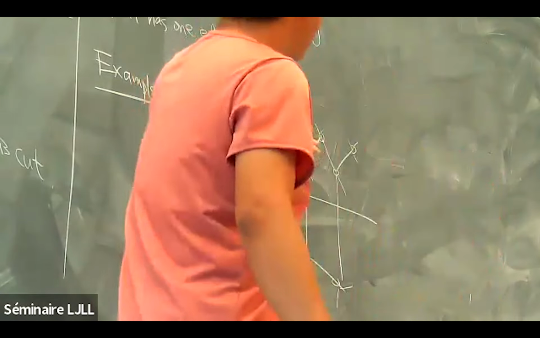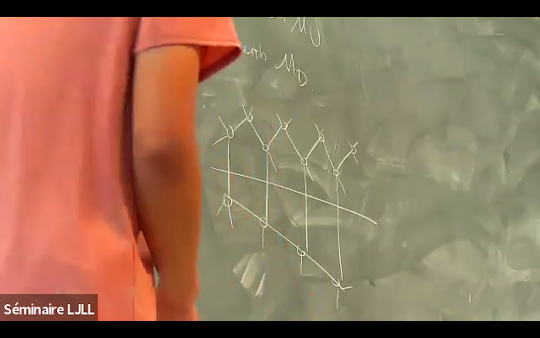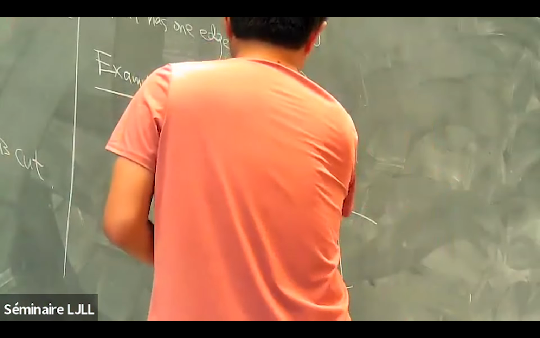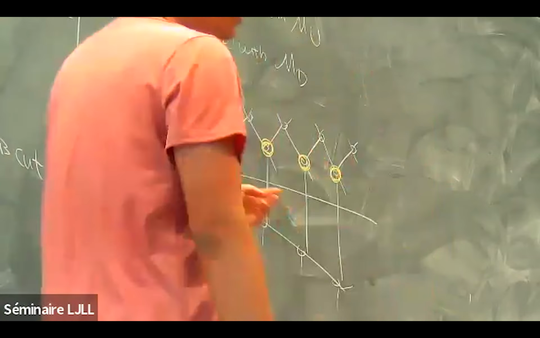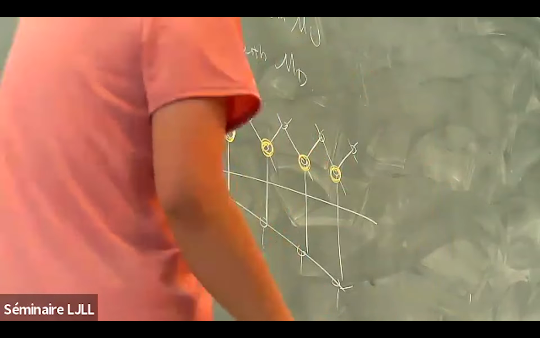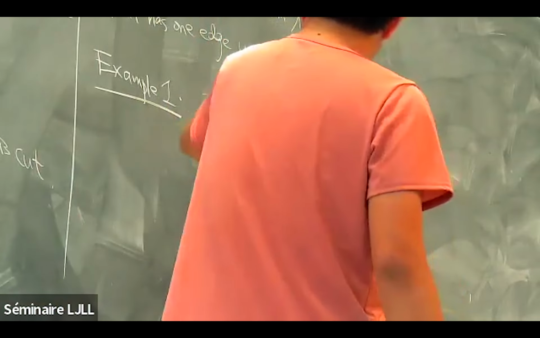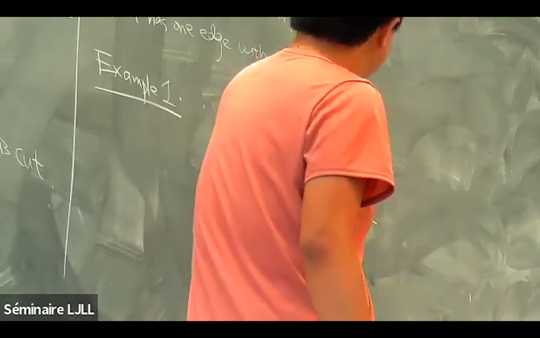Sometimes think of these as arbitrary long chains. There are many such 1 connections. In this case, what is set X? Set X is this atom, this atom, this atom, and this atom. You see that X is separated: the atoms in X are separated by atoms that are not in X. So these red yellows are in X, and these other things are not in X. So this is an example.